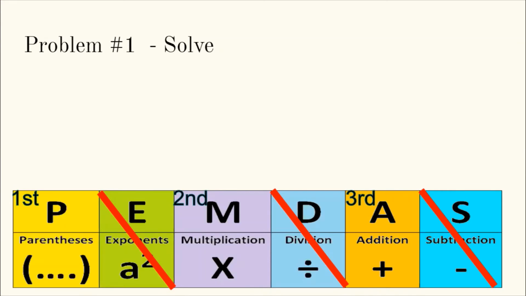Now, I'm going to give you 2 minutes to solve your problem independently. 9 times 10 plus 4 times 1/10. Go.